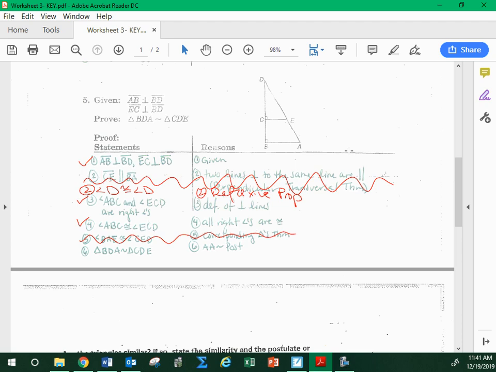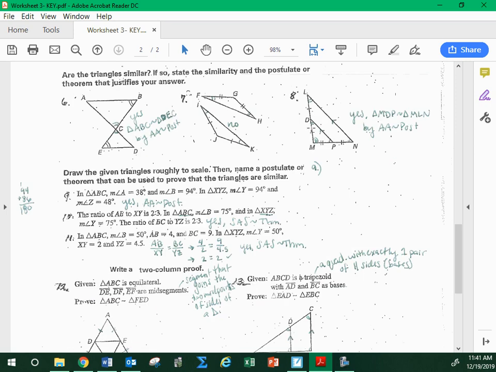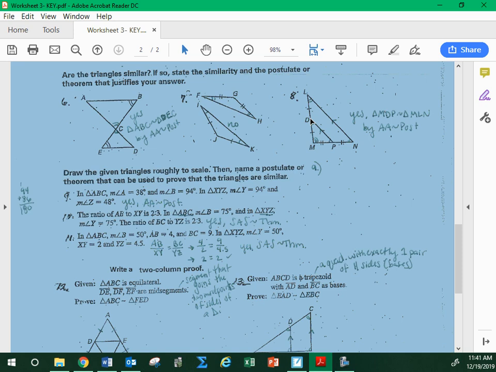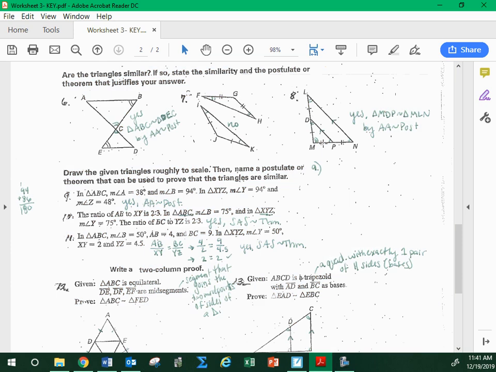And then on the back side, number 8 here. So you'll notice I've drawn in here parallel lines. They did not give that to us, but we do know that they're parallel because if these are congruent here, that means D is the midpoint on that side. And again over here, if NP and PN are congruent, then that means P is the midpoint.